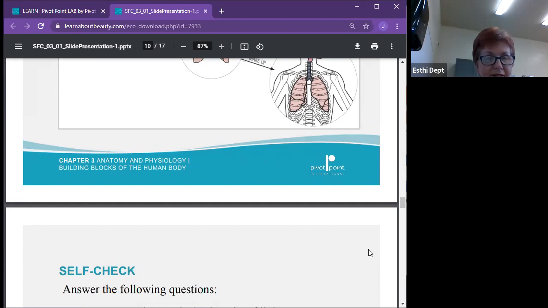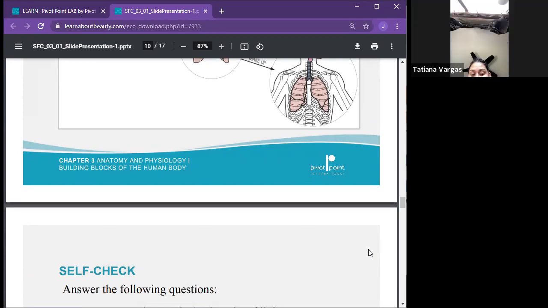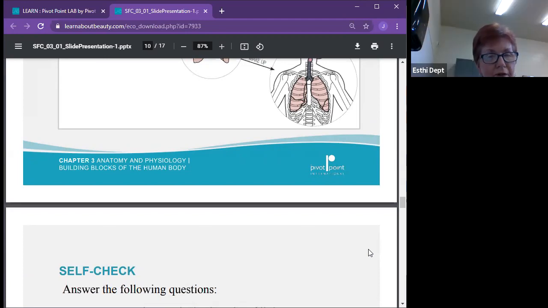Organs make up systems, okay? Can you repeat what systems was? Yeah, performs one or more vital functions. Okay, and then organs make up systems.